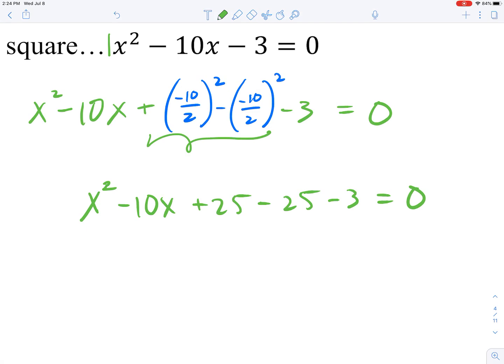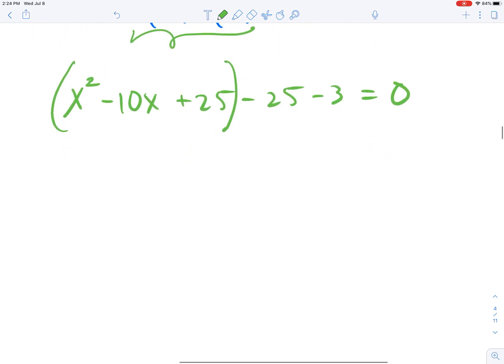So let me simplify this. I'll have x squared minus 10x plus 25 minus 25 minus 3 equals 0. Now, by the associative property of addition, I'm going to group these first 3 terms together. I'm going to reassociate them. This factors to be a perfect square now.